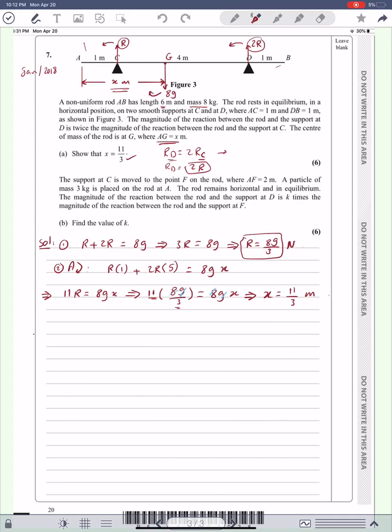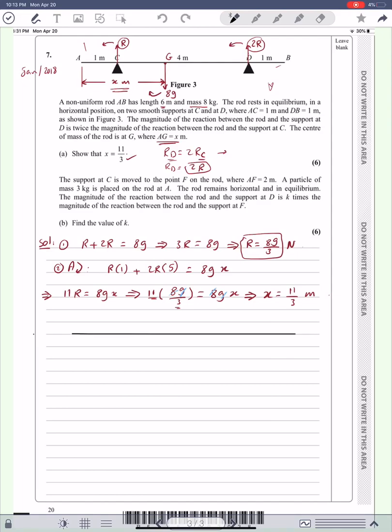Okay, since he's introducing part B, he's giving new information. We prefer in this case to draw the new information on a new diagram. So he's introducing for part B, he wants the support at C moved now to point F. So before you do directly, you draw another diagram, a new one.